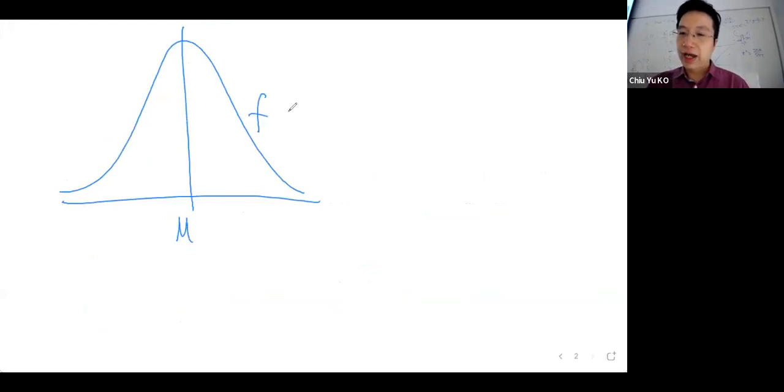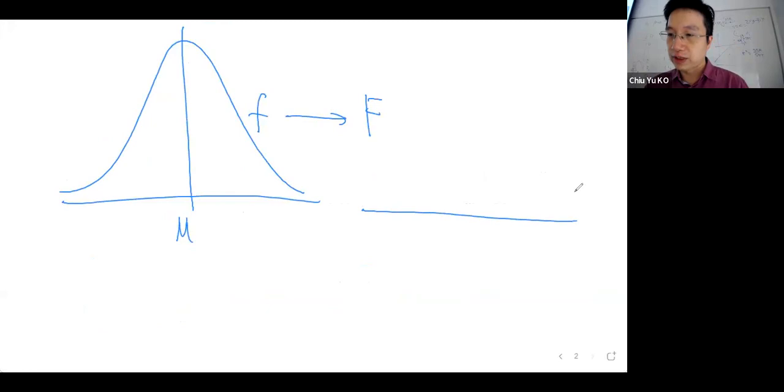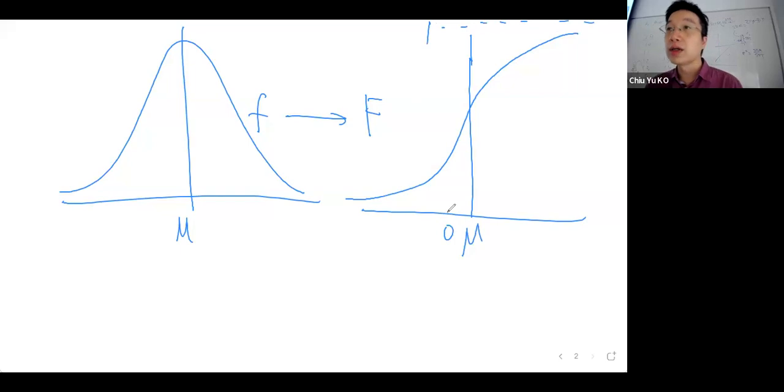And f, you can change to big F, the CDF. The CDF will be something like this, if you learn. It goes to 1 here, this is 0. The CDF comes from infinity and goes up toward mu.